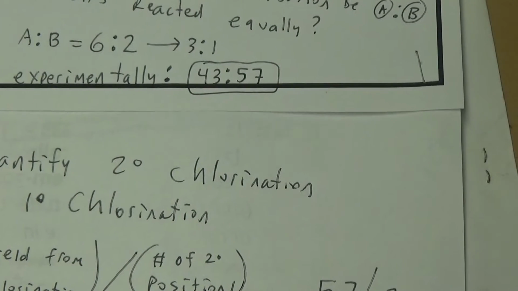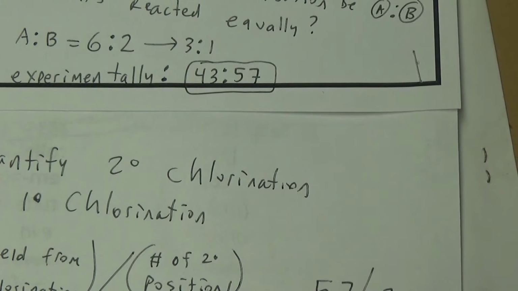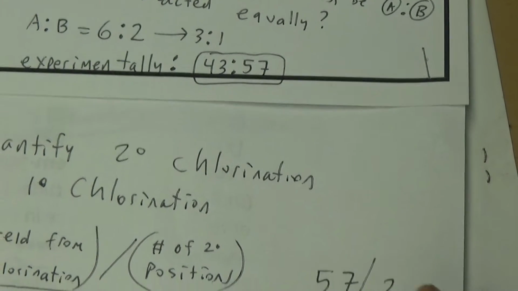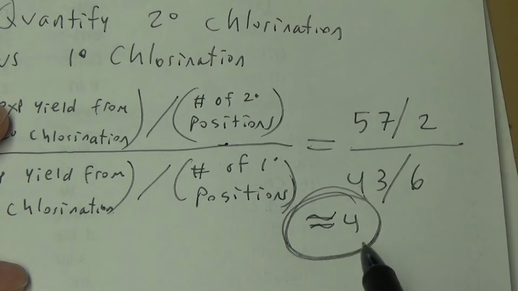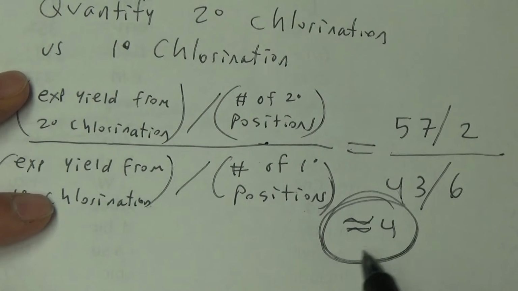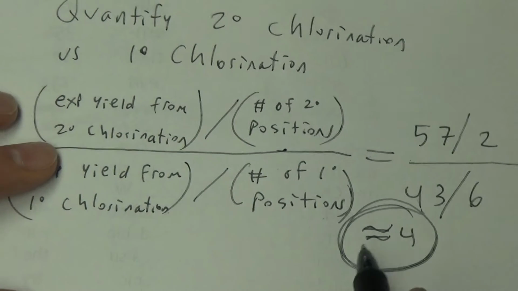Okay, do all the math and you get roughly 4. So 4 is going to be a kind of magic number that we're going to use in these problems in a bit. What does 4 mean?